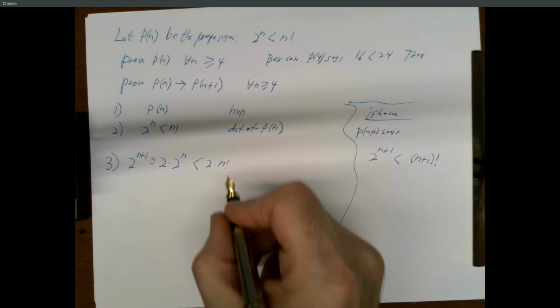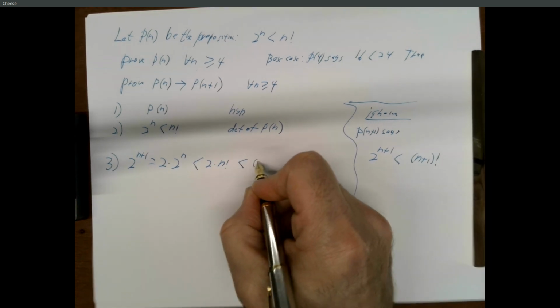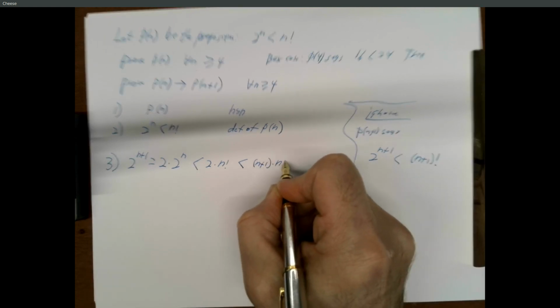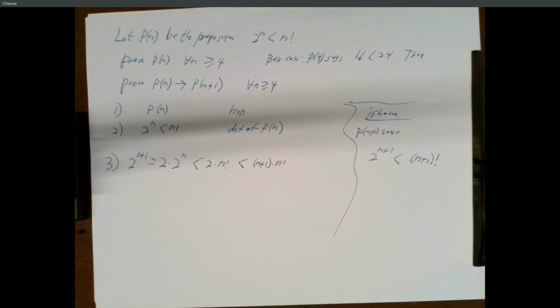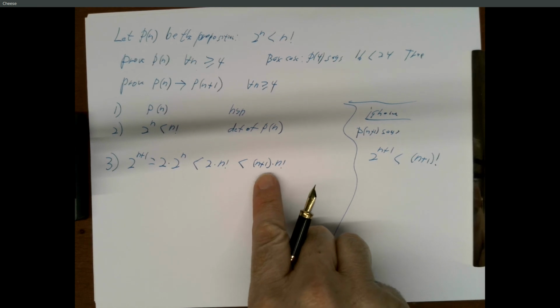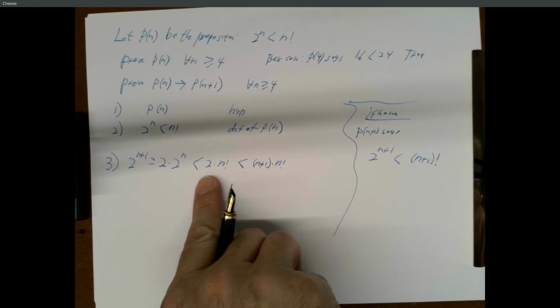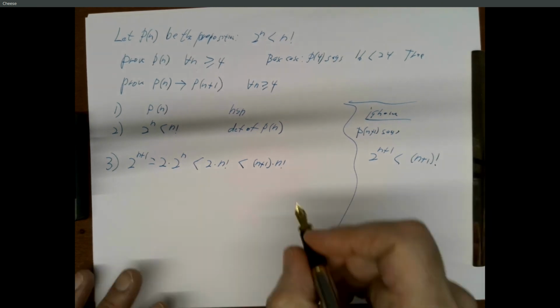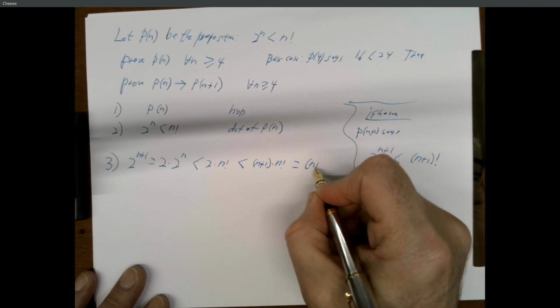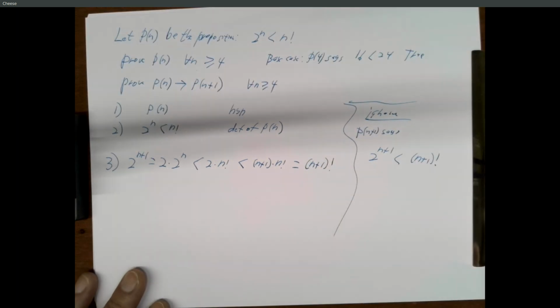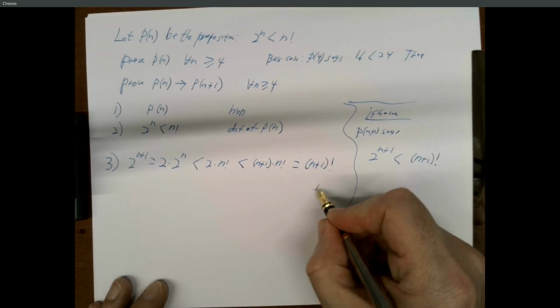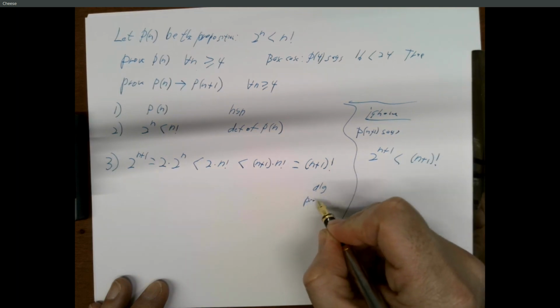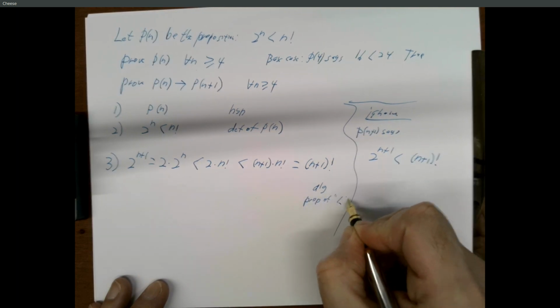And 2 times n factorial is certainly going to be less than n plus 1 times n factorial, because I know n is bigger than or equal to 4, so n plus 1 is bigger than 2. So another property of inequality, and this right-hand side is n plus 1 factorial. So that's algebra and properties of inequality.